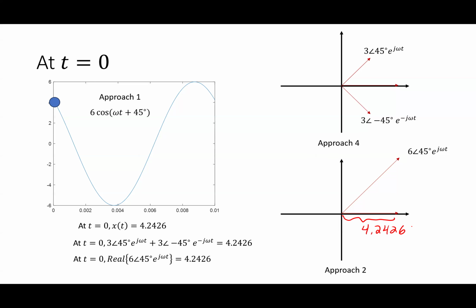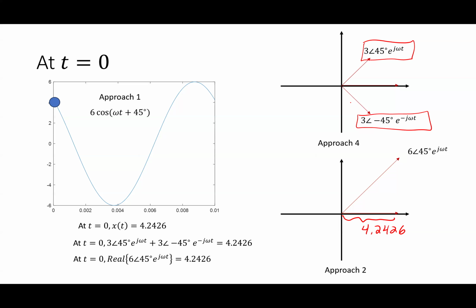Now, it's not obvious, but if I look at this vector plus this vector, what happens to their imaginary parts? Let's look at the picture. This is at time t equal to 0. This is one of the two vectors up here, and this is the other one. What's true about their imaginary parts? Those two vectors are conjugates of each other.